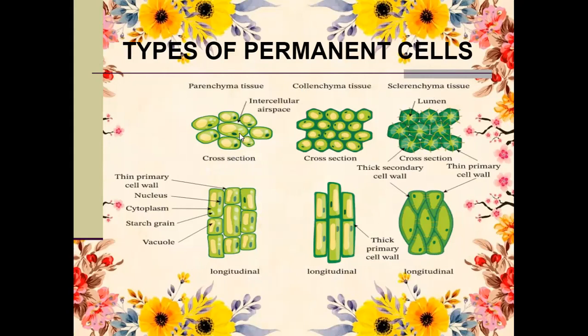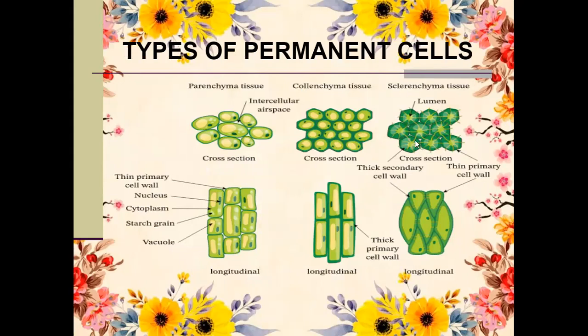Parenchyma tissues mainly help in some functions of the plant body, and collenchyma tissues are also present in the plant body. They also have some special types of functions and special types of structures. And sclerenchyma is also present in the plant body. It gives mechanical support to the plant, and the plant's strength is mainly due to sclerenchyma tissue.